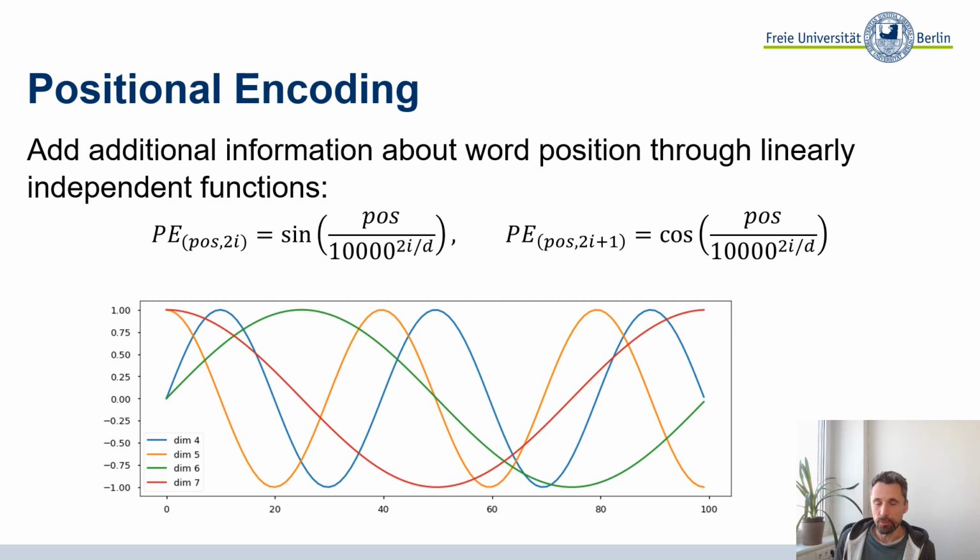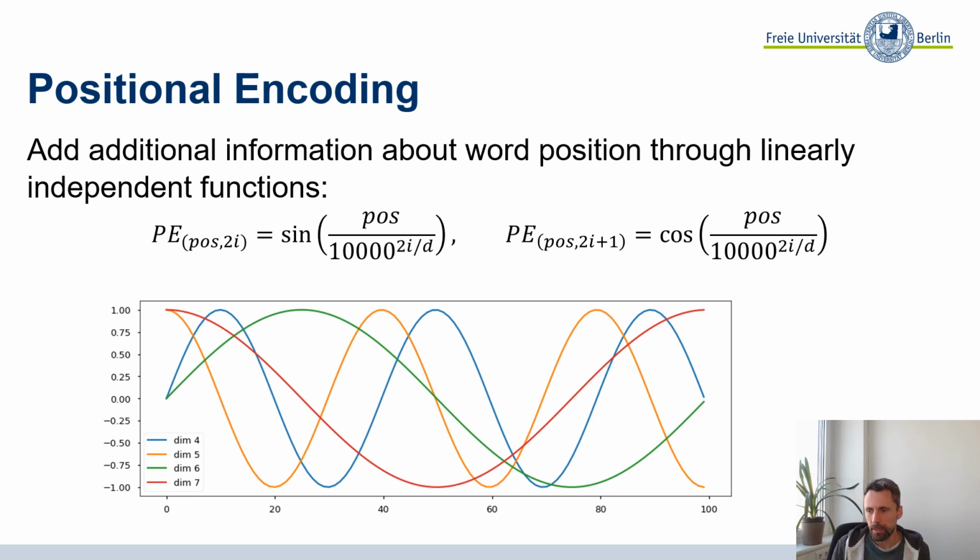So what you could do in order to make your tokens know where they are, for example, is add an additional dimension which takes values between 0 and 1, right? So for 0, the token is at the beginning of the sentence, and for 1, it's at the end. Now, this may work a little bit, but there are a couple of problems with this.